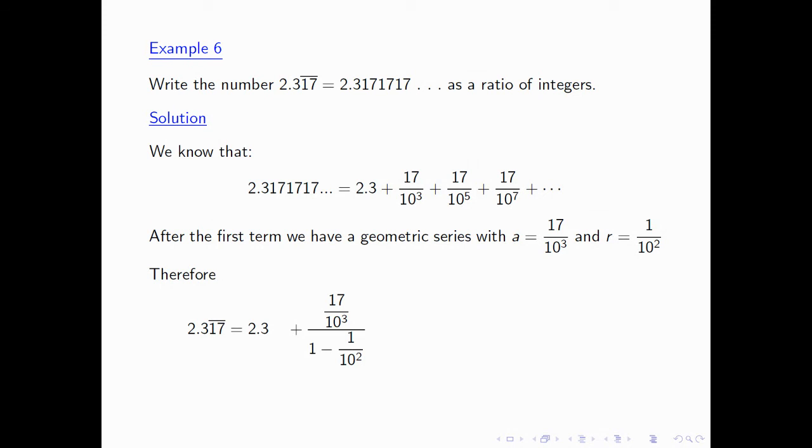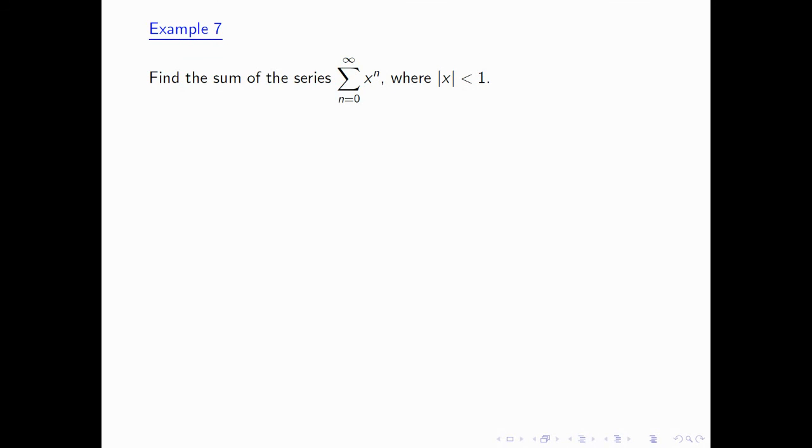It's a divided by 1 minus r, which is 2.3 plus 17 divided by 1,000 divided by 99 divided by 100, which is 23 over 10 plus 17 divided by 990, which gives us 1147 divided by 495. Right? And I think we'll stop there.